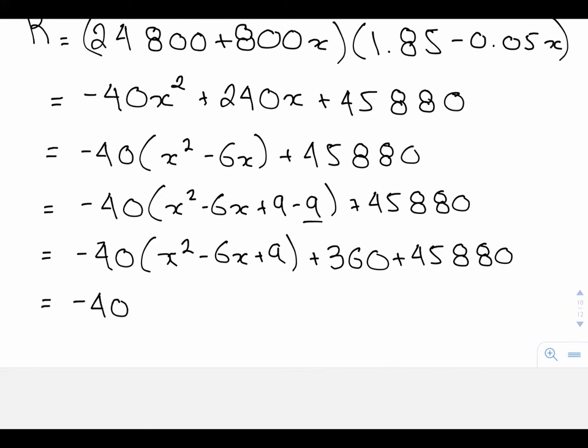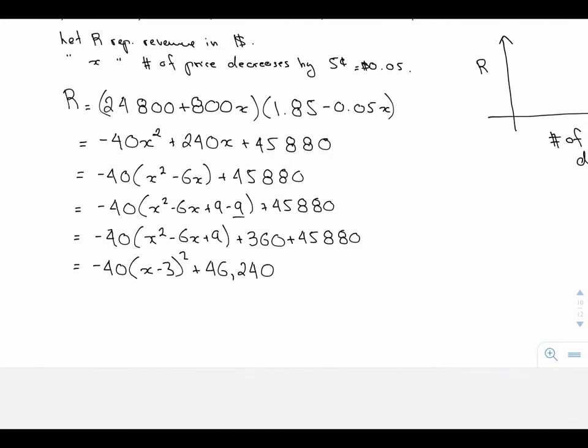Negative 40 times the completed square, x minus 3 squared, plus, and this is my final answer, 46,240. All this work just to get that maximum value, and this occurs at x equals 3.